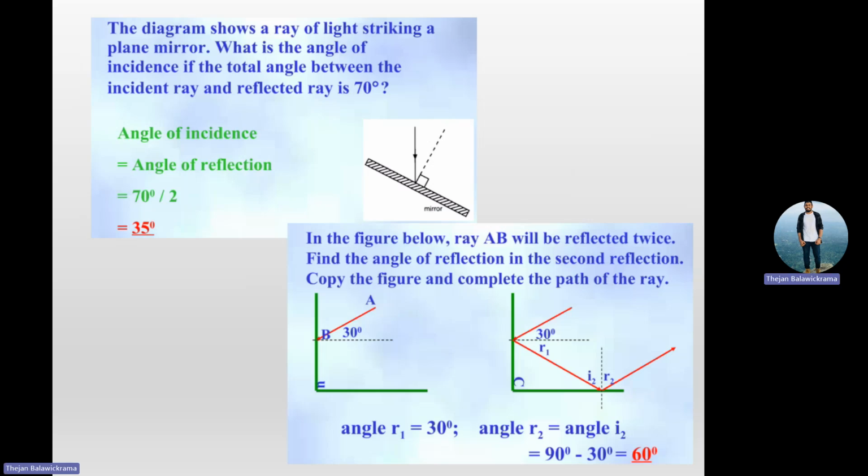If this is 60, this is also 60 and this should be 30, because the total summation of angles in a triangle is 180.